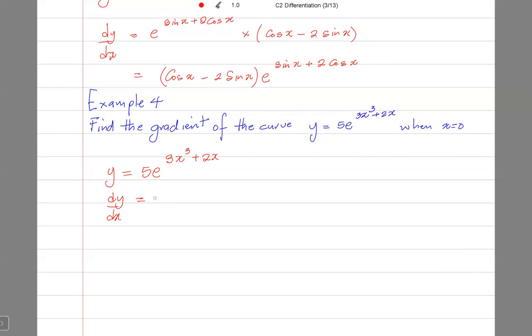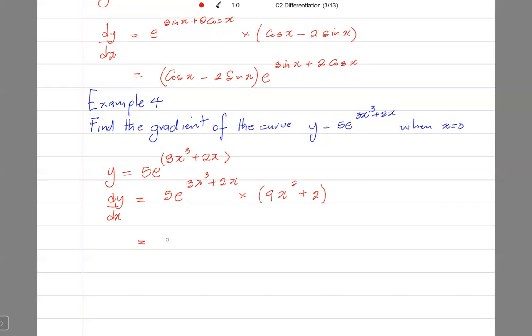Dy by dx would be 5e to the 3x cubed plus 2x. Then I have to multiply by the differential of the inside function, which is here. 3 times 3 is 9, so this is 9. Decrease the power by 1, so it's 9x squared. If I differentiate 2x, I'm going to get 2.